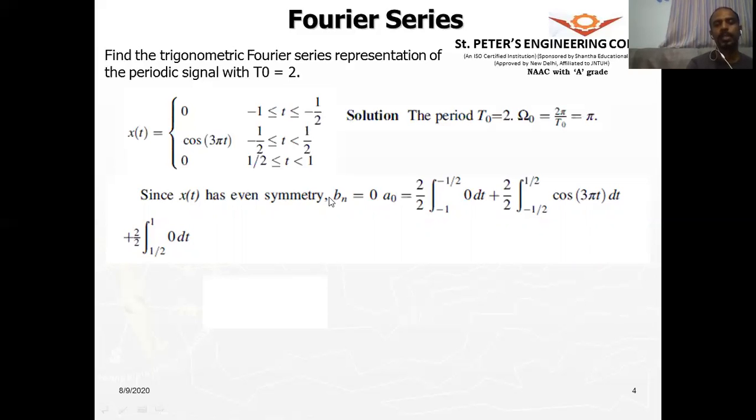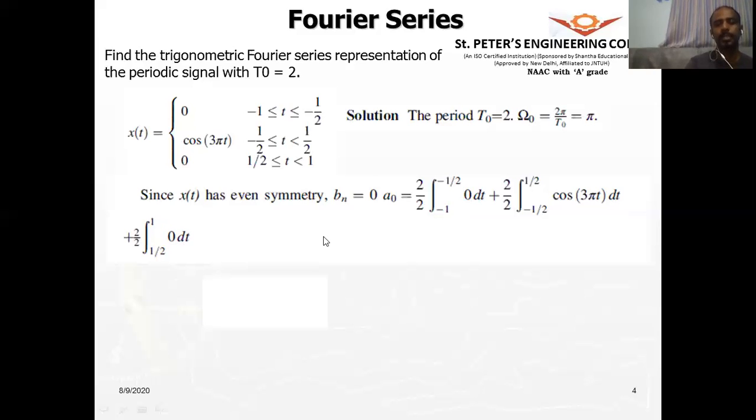When x of t is even symmetric, the sine terms will be 0. We have to find a naught, the constant term, and the a n. For a naught, we integrate, where the function value is 0 from -1 to -half, is cos from -half to +half, and is 0 from half to +1.